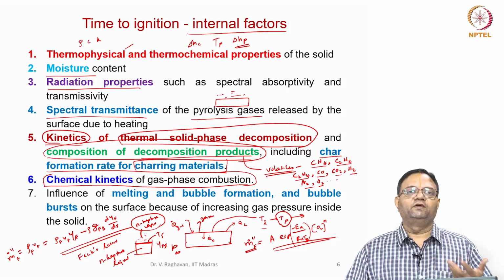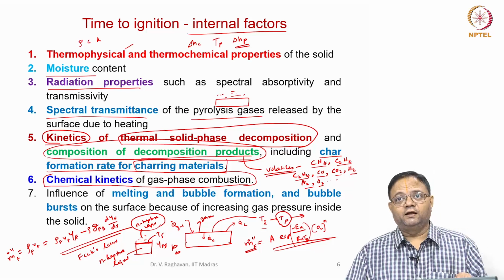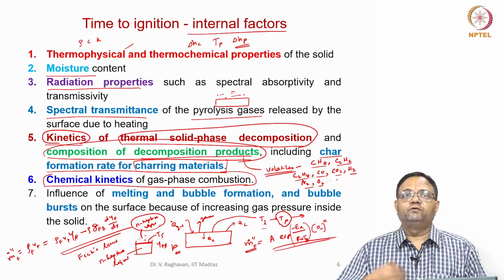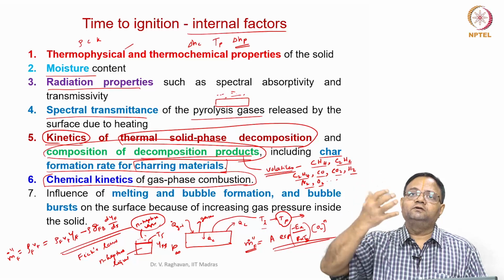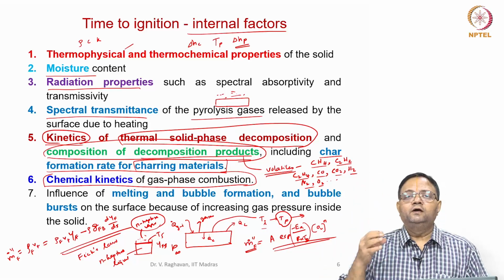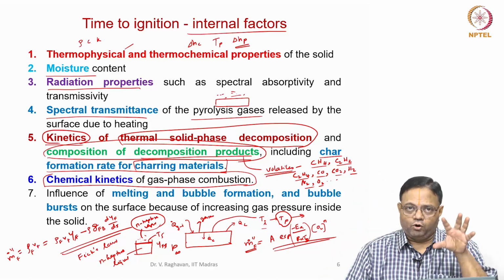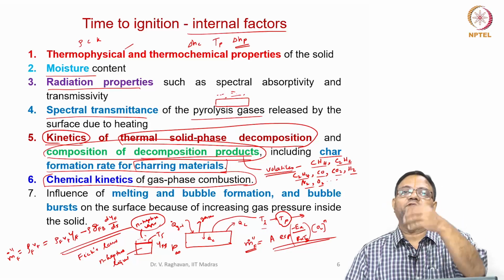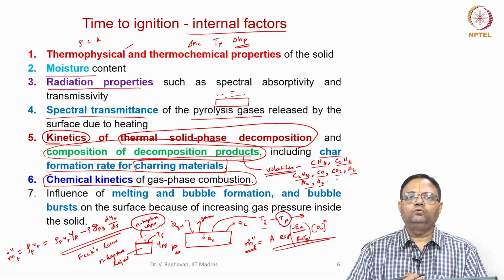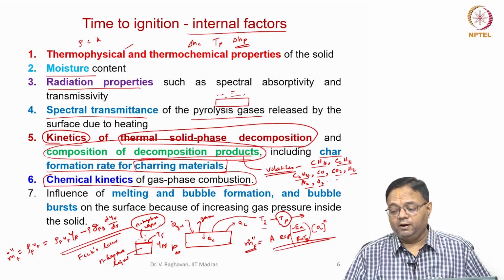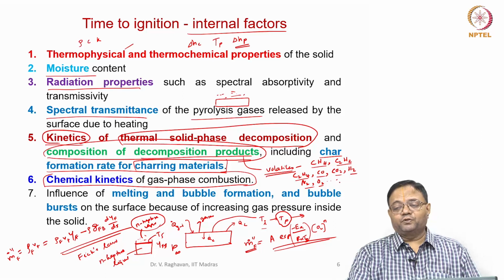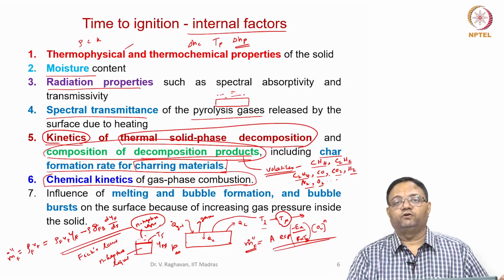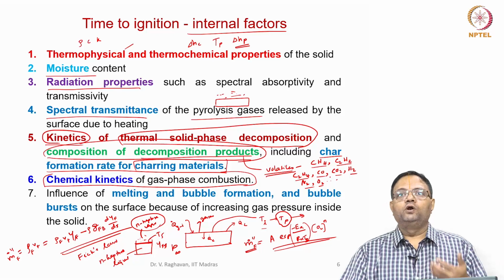So, this will actually be very fast, but this chemical kinetics depends upon, see, for example, in the liquid fuel case, you know the different amount of vapor will be there, and we are talking about the reaction between a particular vapor, say N-heptane vapor or a mixture of N-heptane and N-hexane vapor with air. So, it is easy to calculate the kinetic parts there, but in the case of gaseous combustion over a solid fuel, where the volatile itself will have different composition, how will you determine the kinetic rate?